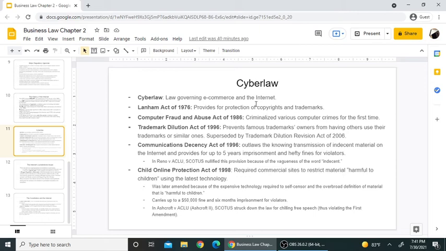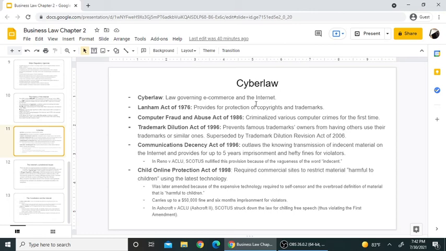Before the Computer Fraud and Abuse Act, whenever the government prosecuted someone for stealing confidential data, oftentimes the accused individual would get acquitted because traditional theft laws didn't really apply. If you think about it, what they were stealing wasn't a physical object.